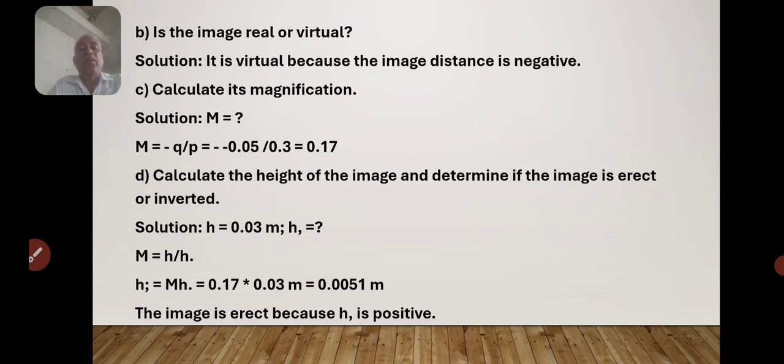Therefore, M = Hi/Ho, where Hi is the height of the image and Ho is the height of the object. Therefore, Hi = M × Ho = 0.17 × 0.03. If we calculate this, we get 0.051 meter. The image is erect because the value of Hi is positive.